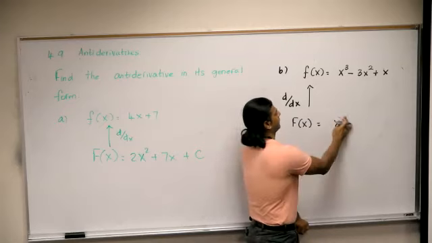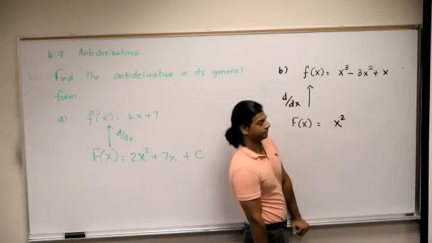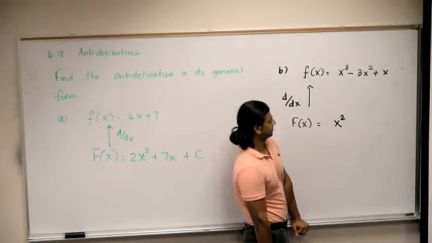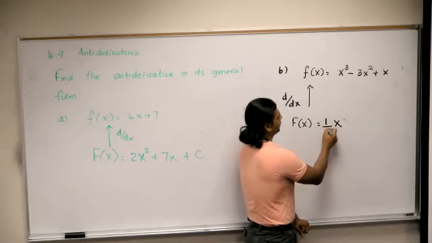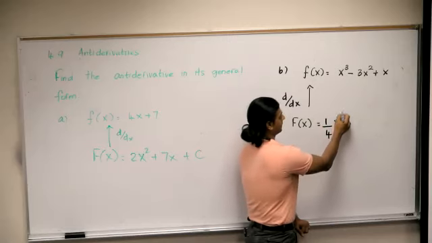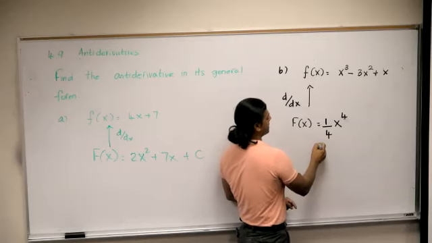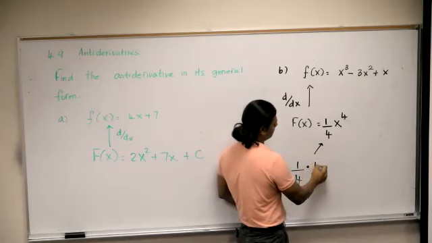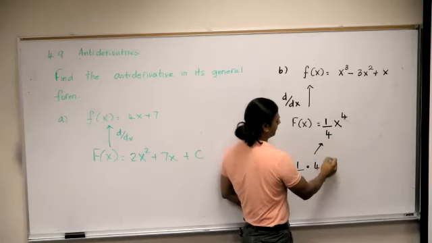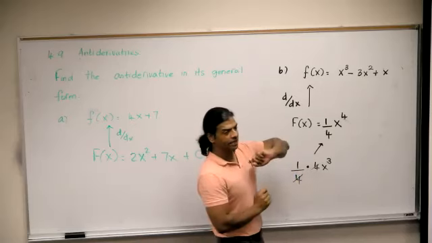No. x squared, will it work? Would it be 1/4 and then x to the fourth? Yeah, because 4 times 1/4 is 1. So 1/4, and then the 4 on top. Is it right? Yep. Because if you take the derivative, you will get 1/4 times 4x cubed. The fours will get cancelled and you'd have x cubed.